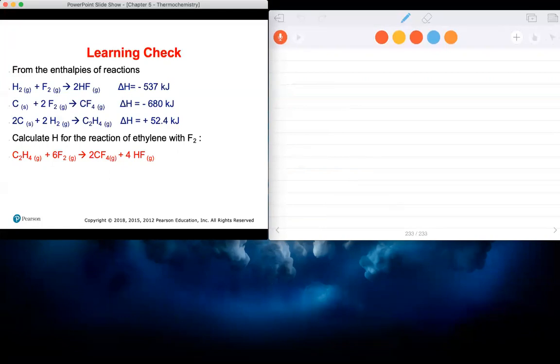So how do I know that this problem is a Hess's law problem? You may be asked to use Hess's law to determine the enthalpy of reaction for this, or find the enthalpy of reaction for this, given a series of equations: equation 1, equation 2, equation 3, and equation 4. Then you're going to find it for the final.